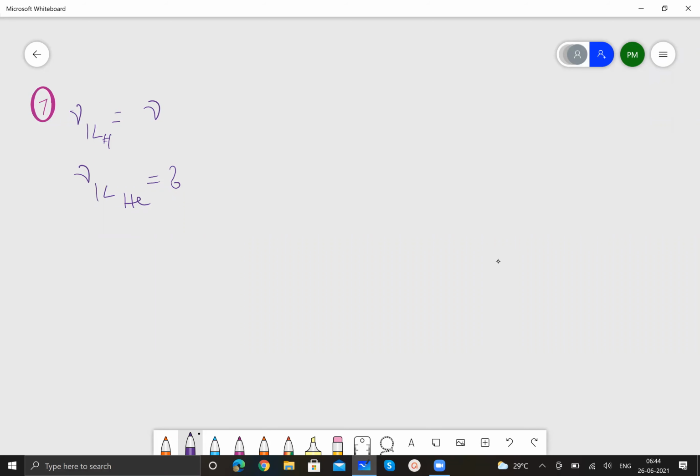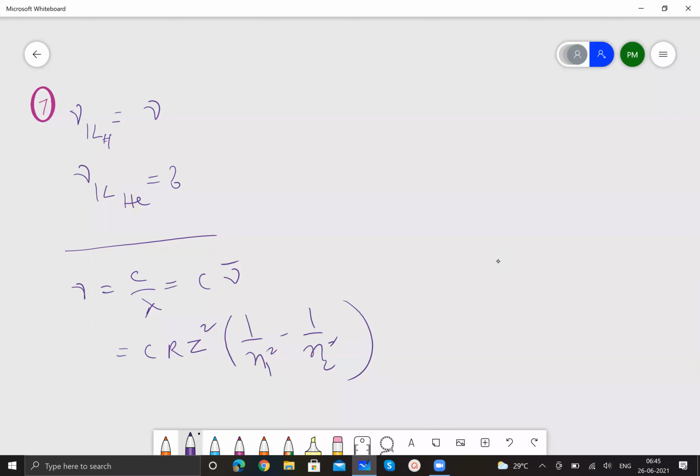So already I gave you this. Nu is equal to C by lambda, which is C into nu bar. C into nu bar for hydrogen-like atoms with atomic number Z is R Z square into 1 by N1 square minus 1 by N2 square.